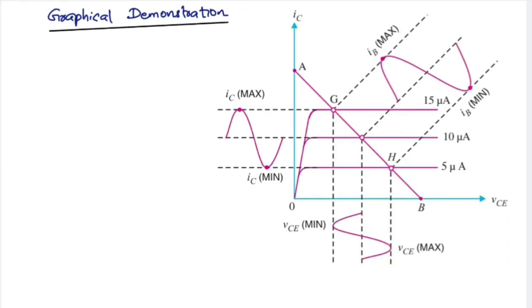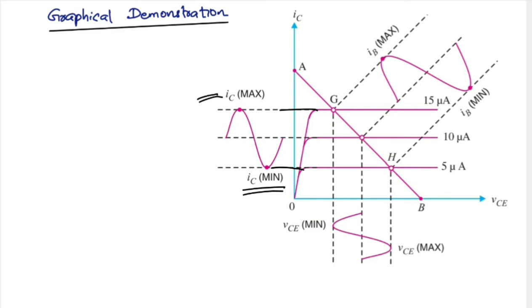Next we can graphically demonstrate this result. We can graphically see the phase reversal of the common emitter amplifier by using the output characteristic curve and load line. Here you can see the minimum value of collector current, and this IC max is the maximum value of collector current.